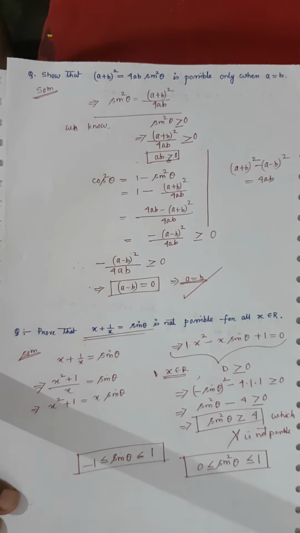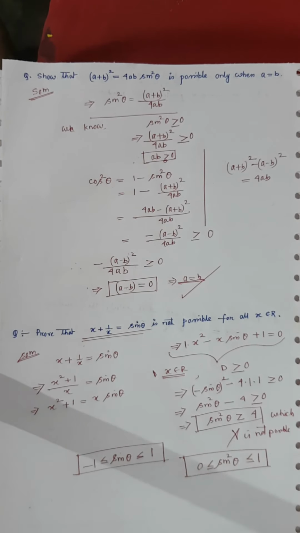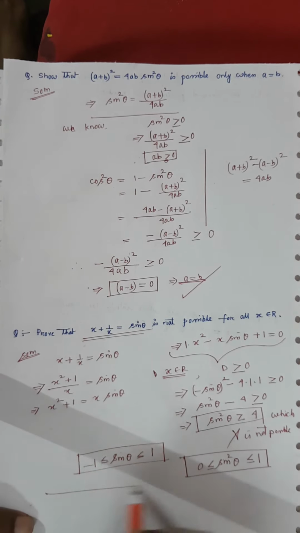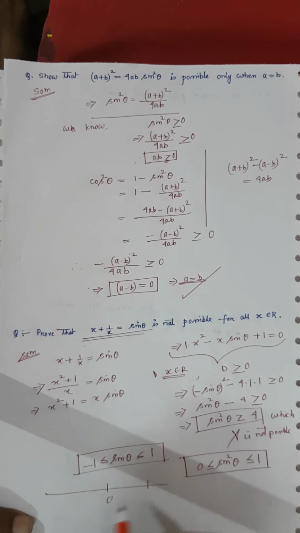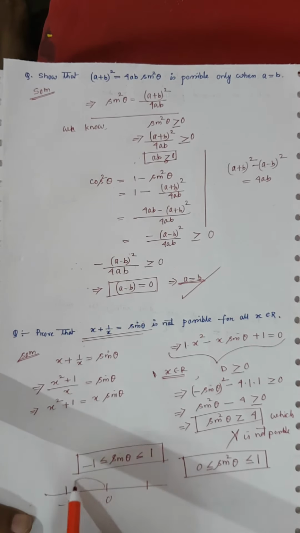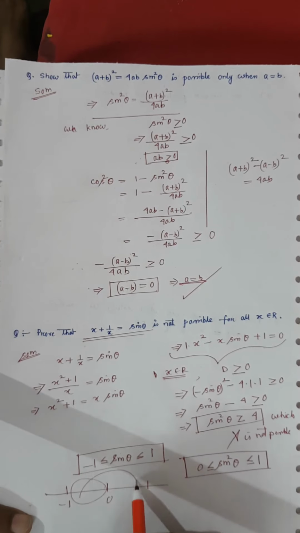So we can say that the value of sin square theta will lie between 0 and 1, as the value of sin theta lies between 1 and -1. So after squaring the negative part, see, this is 0, this is +1, this is -1. The values of sin theta when they are negative, after squaring will become positive.